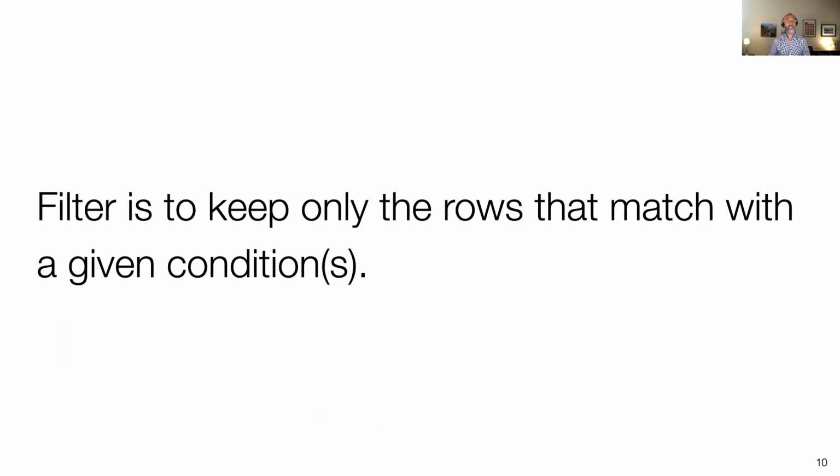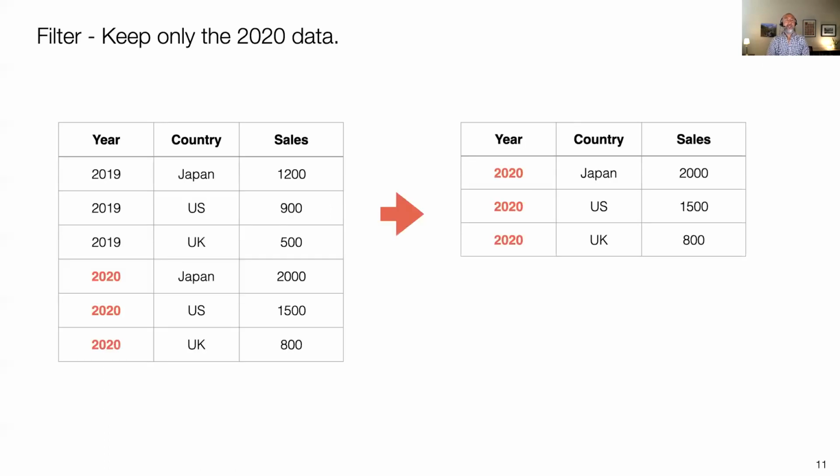A filter is to keep only the rows that match a given condition. Okay, so this is a definition of the filter in this seminar and in Exploratory. Let's say if you want to keep only the 2020 data, you create a condition to match the year 2020, and then you get the result that contains only 2020.